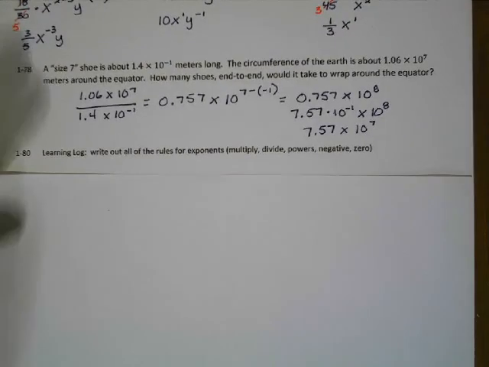All right, last thing is our learning log. You're going to want to, at this point, go through your rules for exponents and put them in there. This is actually in the methods and meaning section. So if you want to just kind of write these rules in your own words, that could work as well.